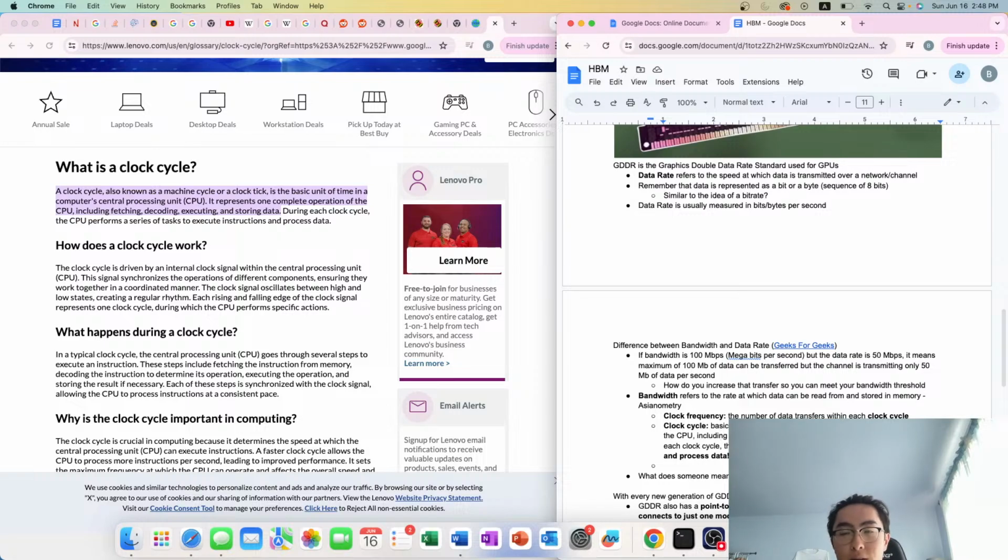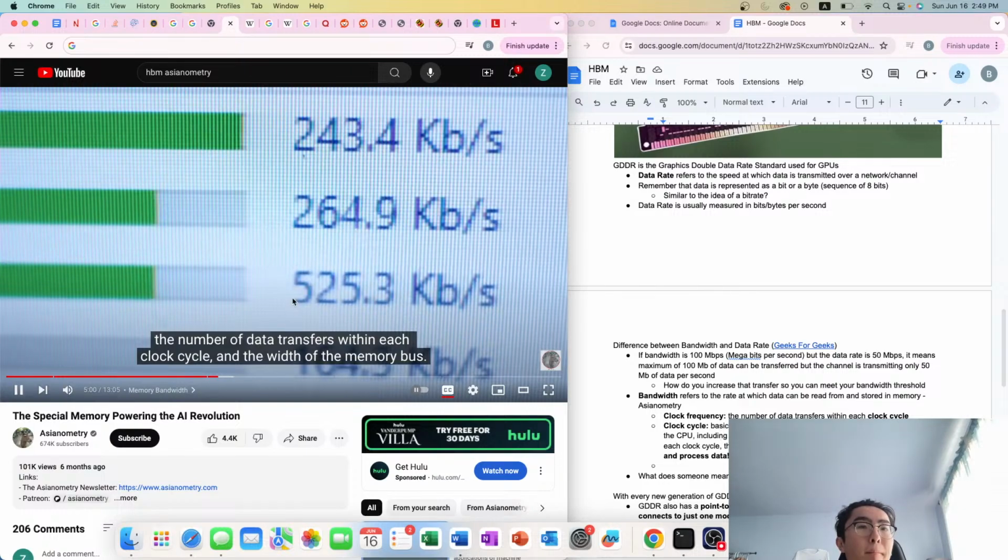Fetching, decoding, executing probably refers to fetching data, decoding it, executing some type of instruction, and then storing whatever is the result of executing that instruction back into memory, or maybe storage. Right, process the data.